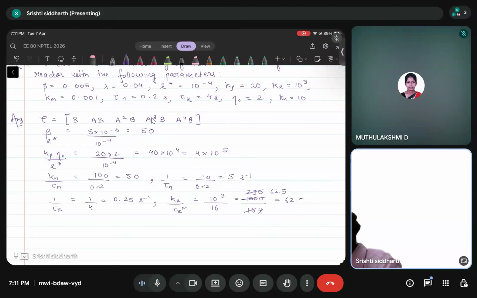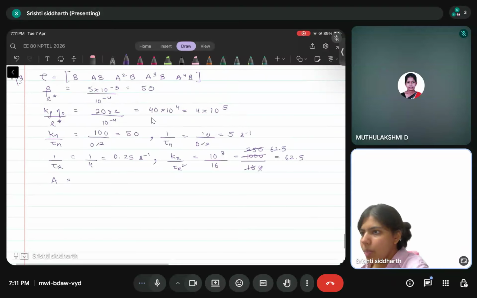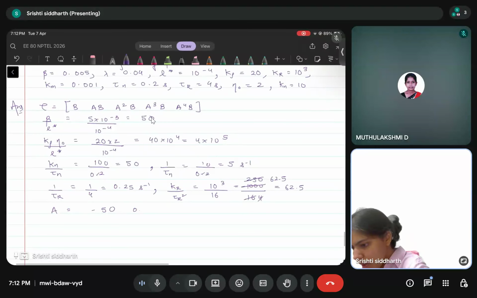Okay. So let me know if there are any calculation mistakes. So the matrix A is minus beta over L star. This is minus 50. Then lambda 0.04, 0, and k rho eta naught over L star. This is 4 into 10 to the power 5.